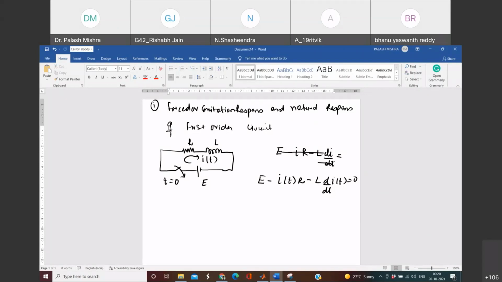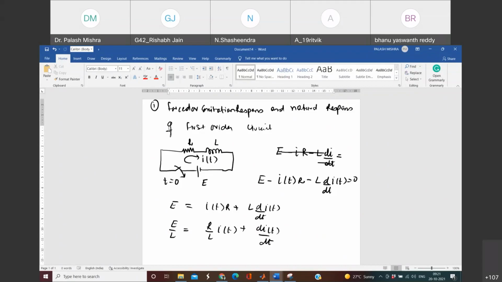Now you can bring E on that side: E equals i(t) times R plus L times d by dt of i(t). Now you can just divide by L. E by L equals R by L times i(t) plus di by dt.